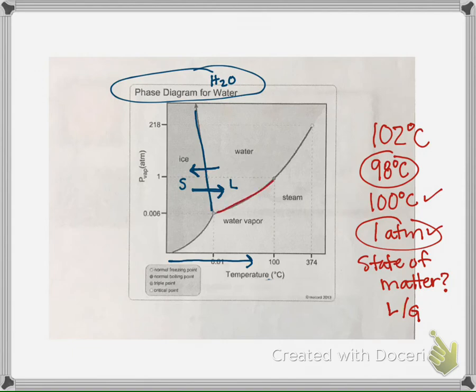This curve here is going to represent going from liquid to gas or gas to liquid. So this curve on the phase diagram is going to represent gas to liquid. That would be condensation.